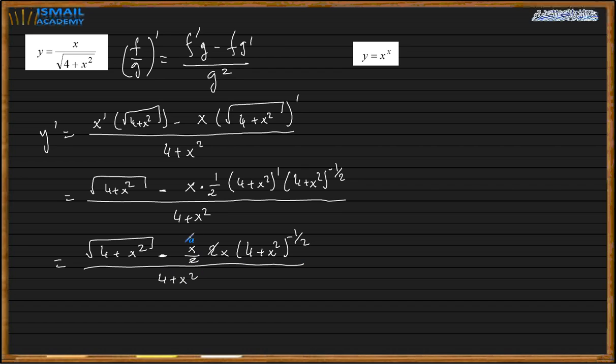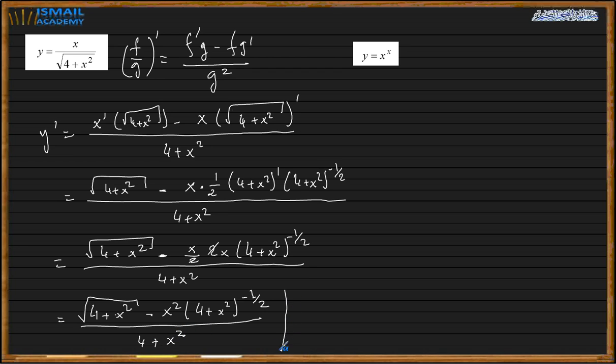So I cancel this, so it will be x squared, 4 plus x squared square root minus x squared, 4 plus x squared to the minus half over 4 plus x squared. So this will be your final answer.